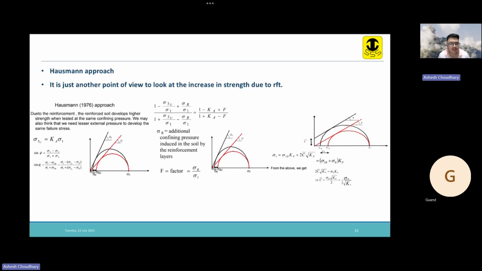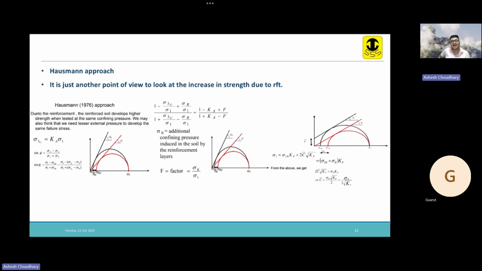Whatever we have studied is the same thing. So what is written here, let us see. Due to the reinforcement, the reinforced soil develops higher strength when tested at the same confining pressure. As we discussed in the beginning, at the same confining stress it will have a higher strength, due to the reinforcement.